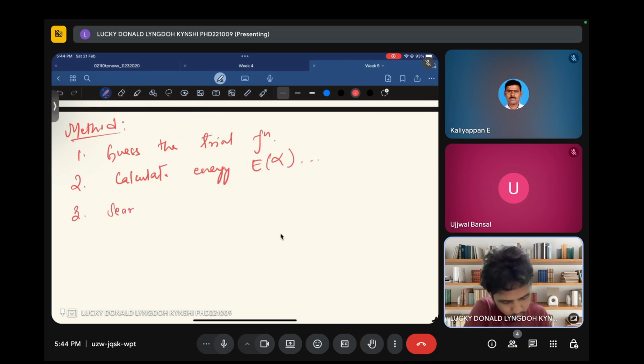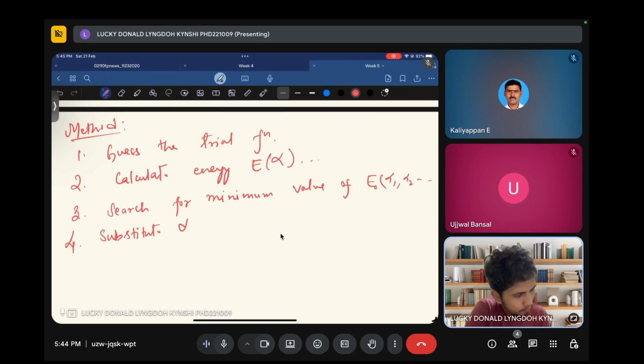Third, search for the minimum value of E with respect to the parameters, let's say alpha 1, alpha 2, and so on. Fourth, substitute alpha to obtain the approximate value of energy.